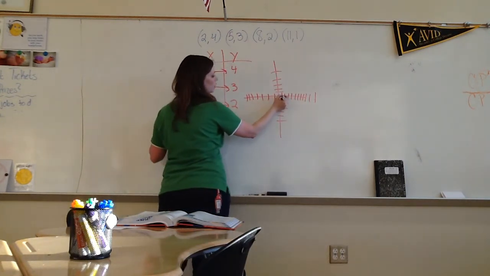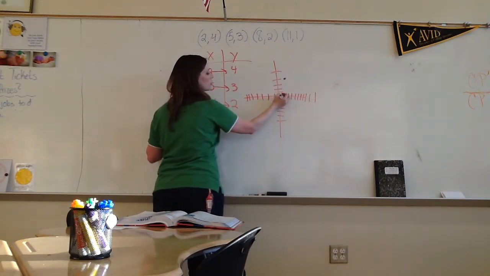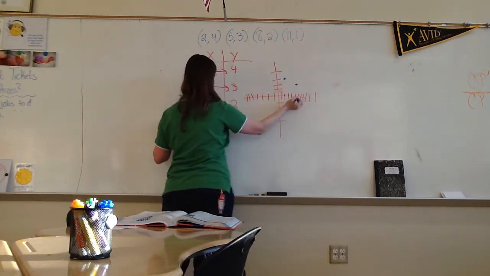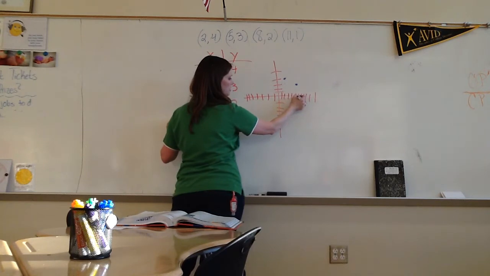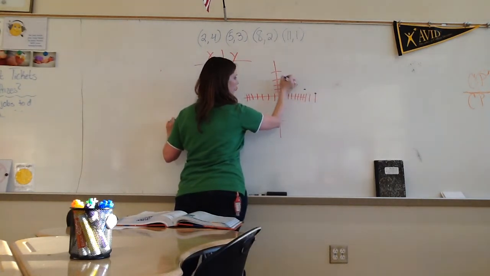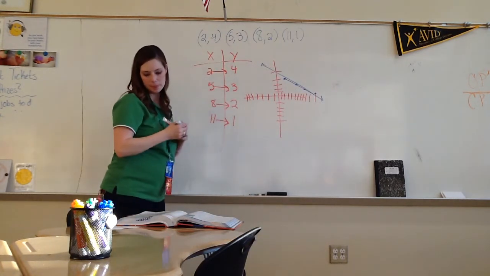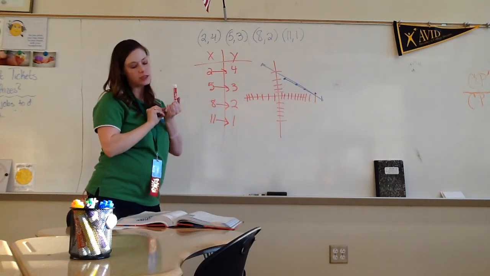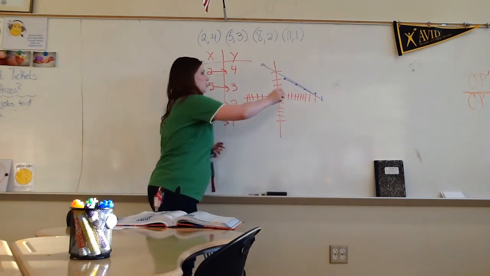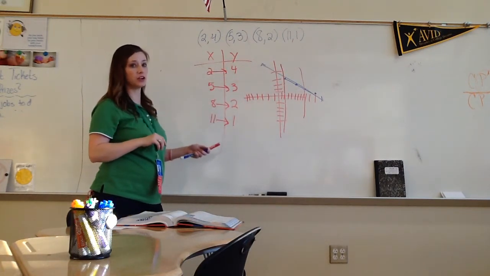So we go to 2, 4, then 5, 3, then 8, 2, and so on. So these points will satisfy a linear function. There's no curve. If I do my vertical line test, it's only going to hit it in one place. So these points do satisfy a linear function.